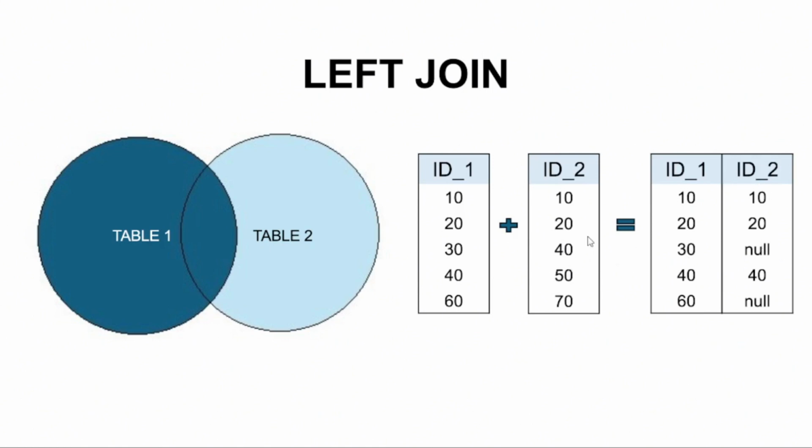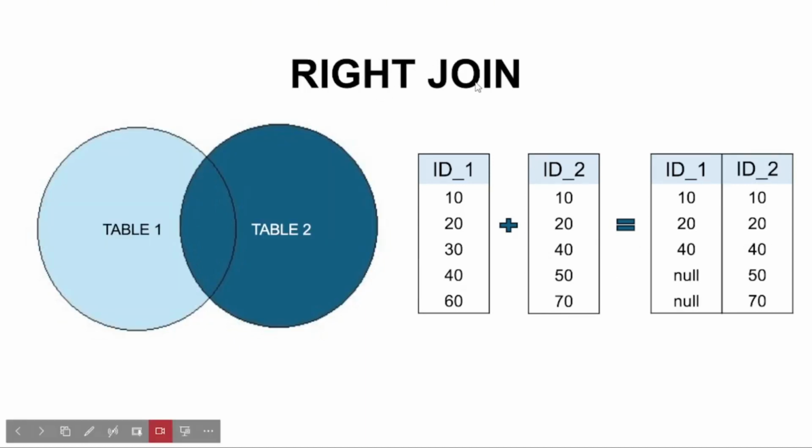Next is right join. In right join, all the data from the right side table of the join condition will be present in the output, while only matching data from the left side table will be populated in the output table.